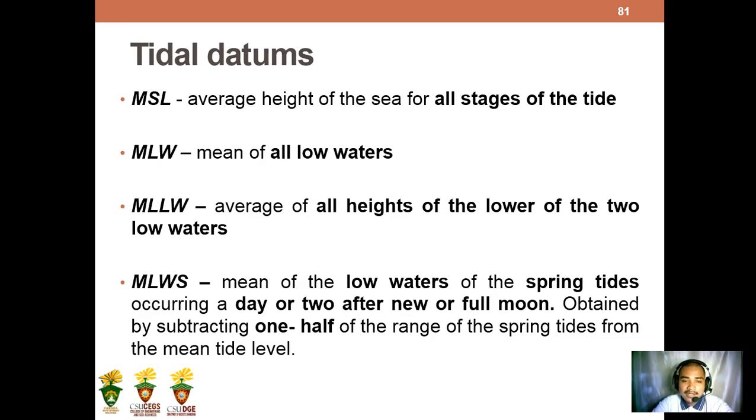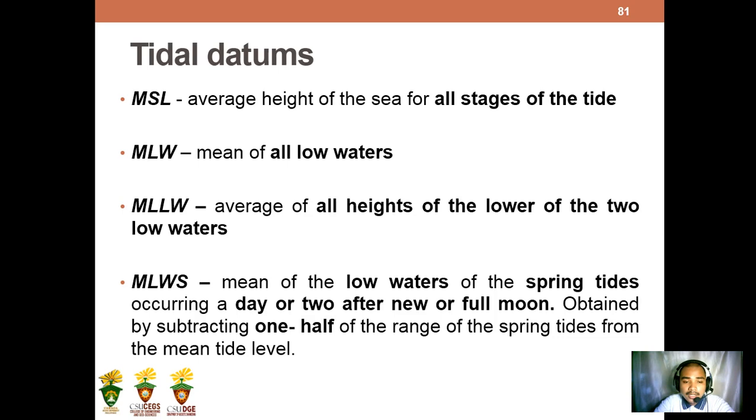So the mean low water is all low waters, or below the sea level. And the MLLW, or the mean lower low water, is the mean of all heights of the lower of two low waters, no? Ang katong duha ka low waters nga na-encounter, ang average adto niya is what we call MLLW.